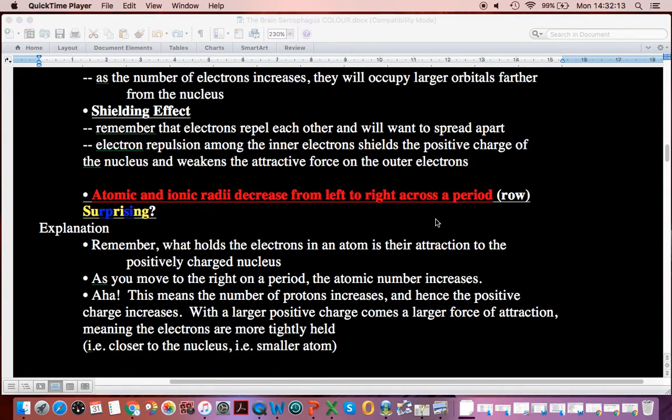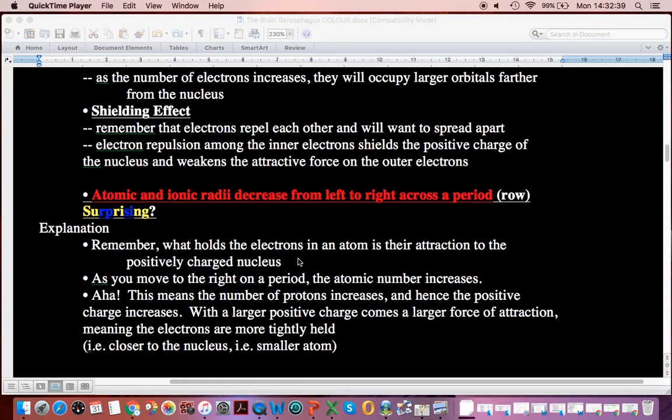Now let's look at going to the right. As we go from left to right across a row or a period, the atomic or ionic radii actually decreases. So why is this? Well, electrons are held by the nucleus. And even though we're adding more electrons as we go to the right in a row, we're at the same basic energy level. And so our nuclear charge is getting bigger.